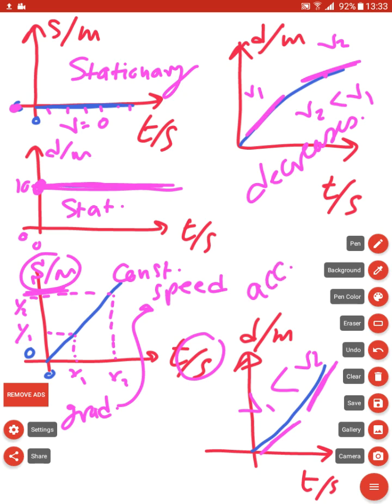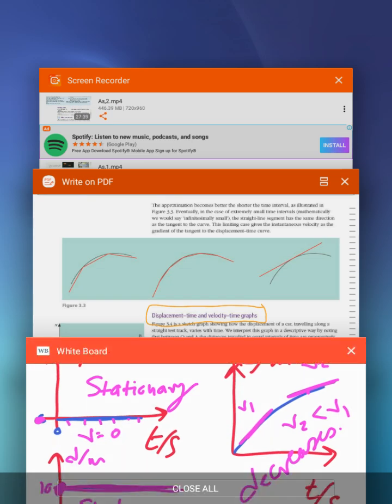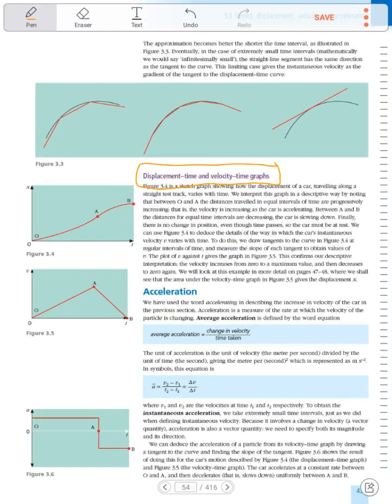Okay, so these are the 5 types of displacement-time graphs and the different values of the speed. The most important thing from a displacement-time graph is to find velocity, which is the gradient of the line.